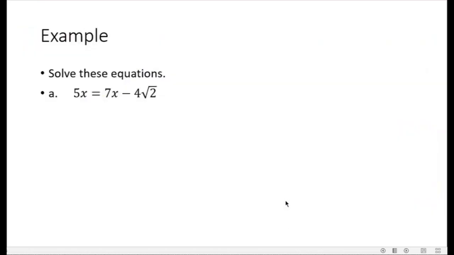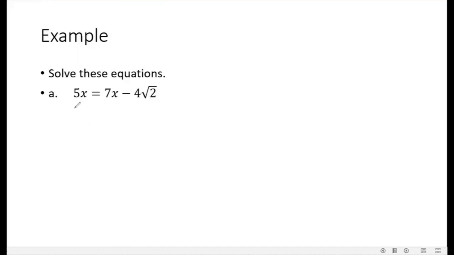Okay, we are going to illustrate some examples, or we are going to extend the equation, or what we call the balance method. Solve these equations. Letter A, 5x equals 7x minus 4 square root of 2.